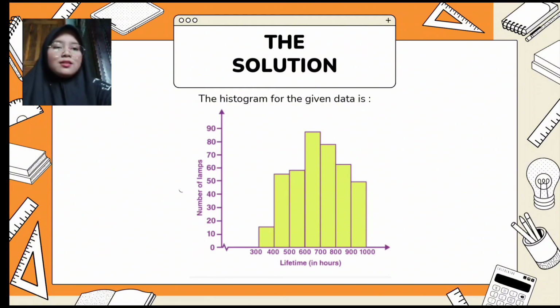Lower limit 500, upper limit 600 with frequency 60. Lower limit 600, upper limit 700 with frequency 84, and so on.